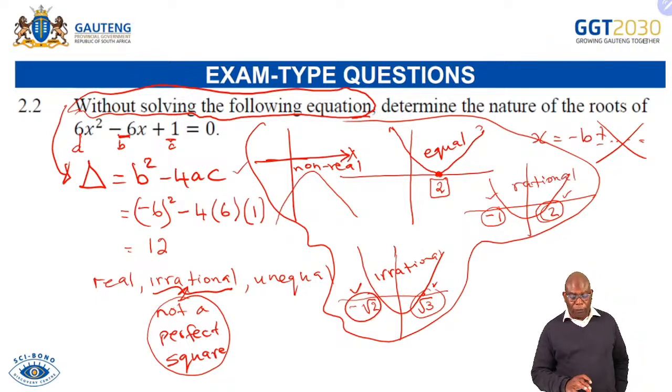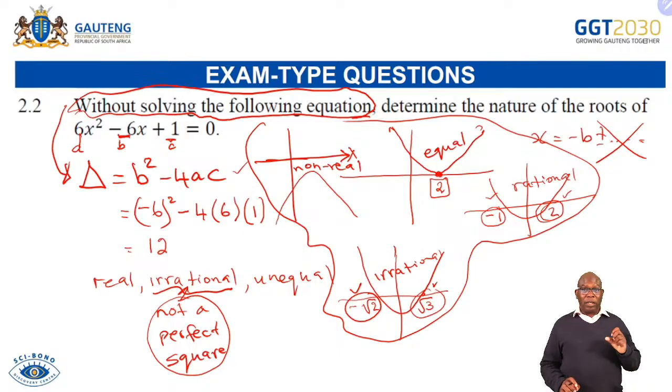All right, now you can see that summary, I've just summarized the table using the graphs. Equal roots, rational, which is still going to be real, irrational, which is real, and the non-real. Non-real means that graph is not going to touch the x-axis. In this case, it touches only one place, equal roots.